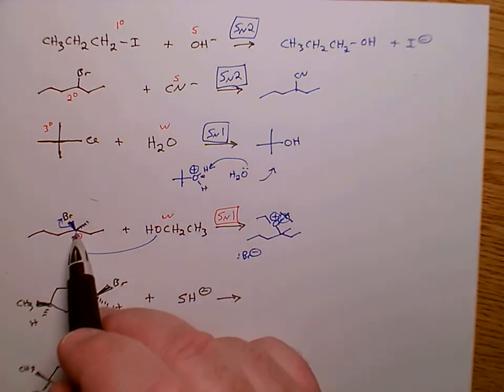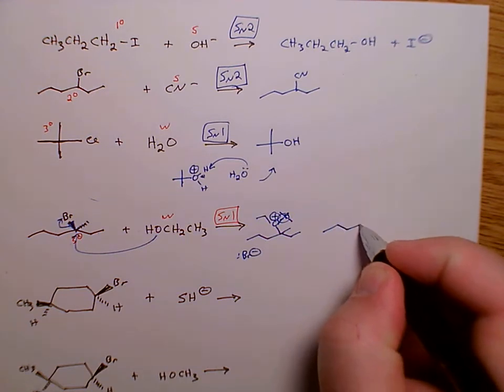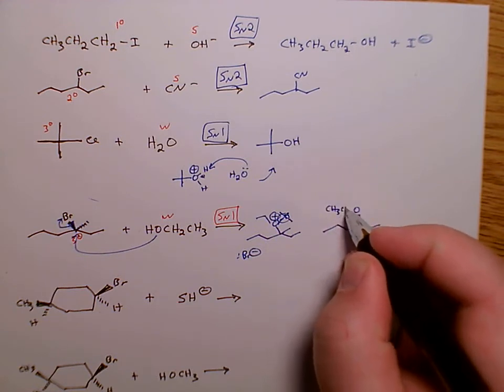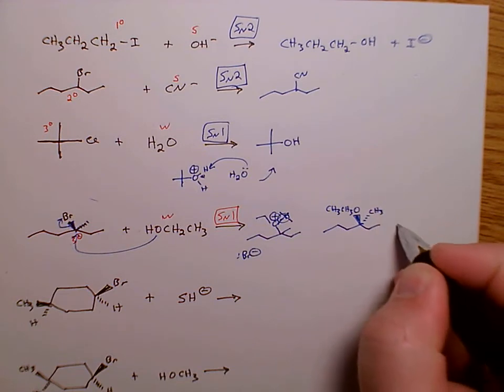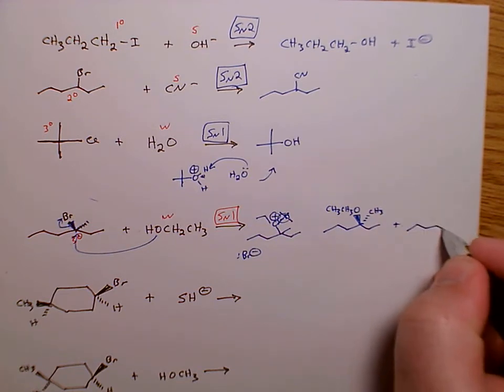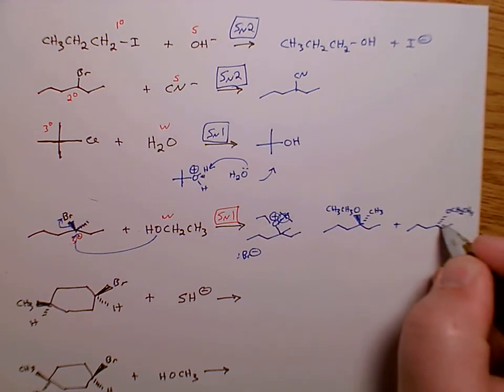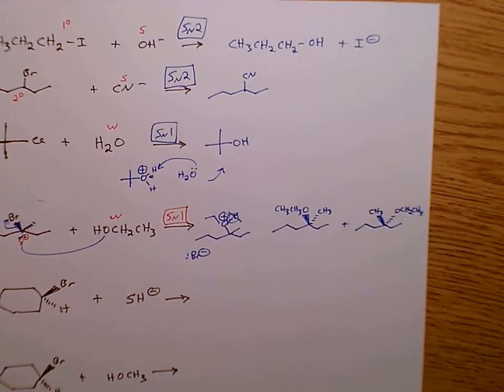But also note that since the carbocation is trigonal planar, we will get a 50-50 mixture of the OCH2CH3 coming out, and this CH3 going back, plus the OCH2CH3 going back, and the CH3 coming out.